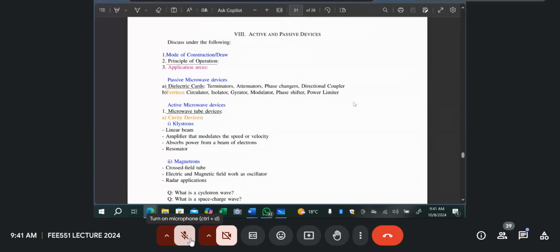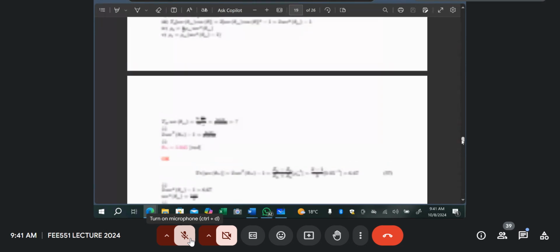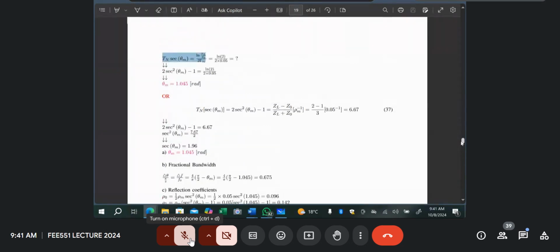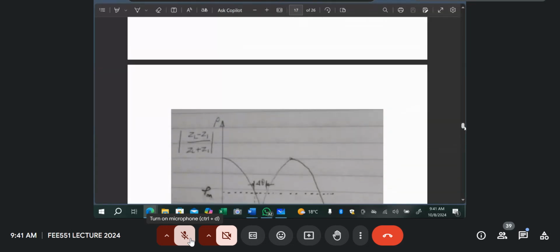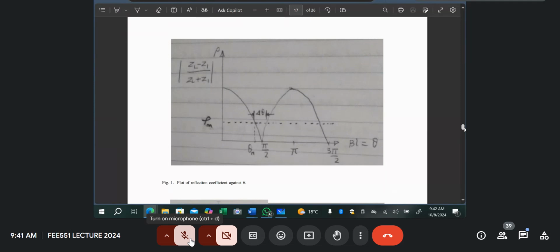Yes, I have a question. So we looked at the Chebyshev transformer. Now I remember last academic year during electronics, we looked at other filters like Butterworth and Bessel.